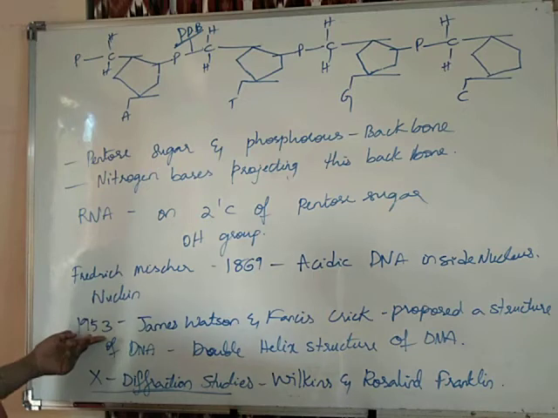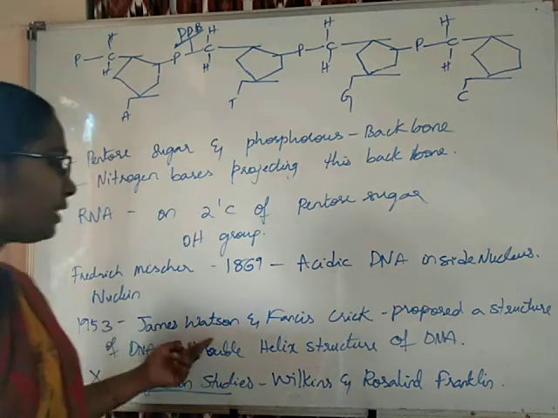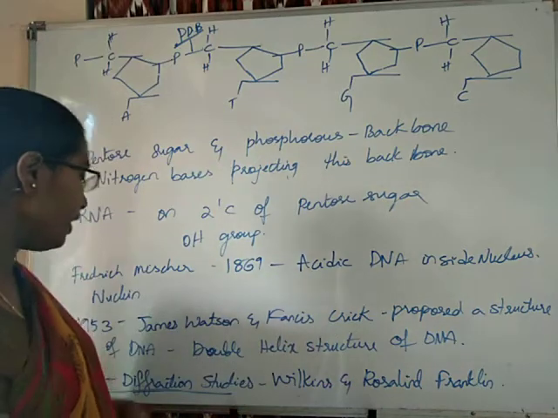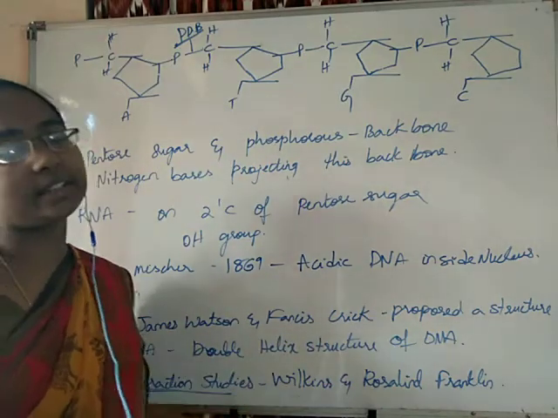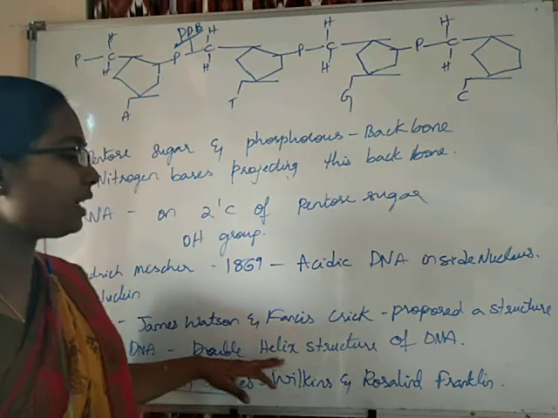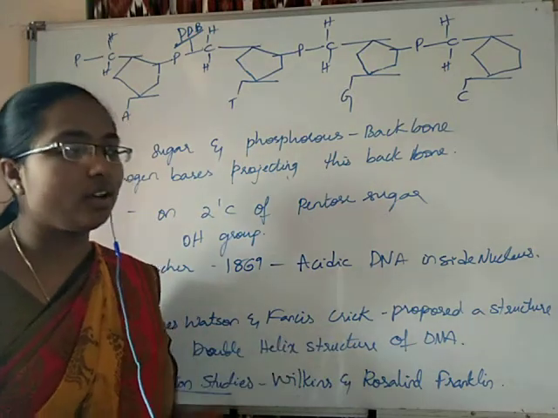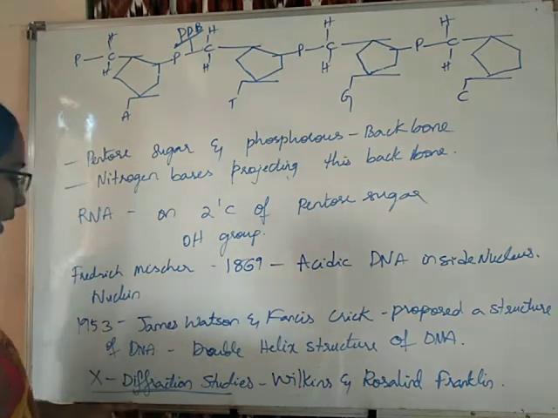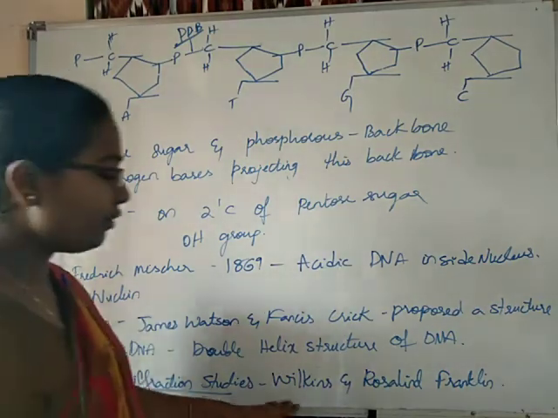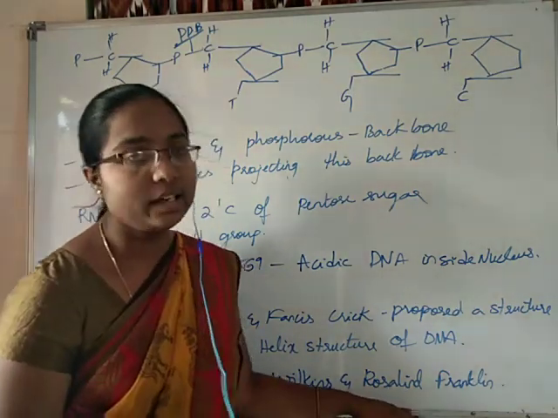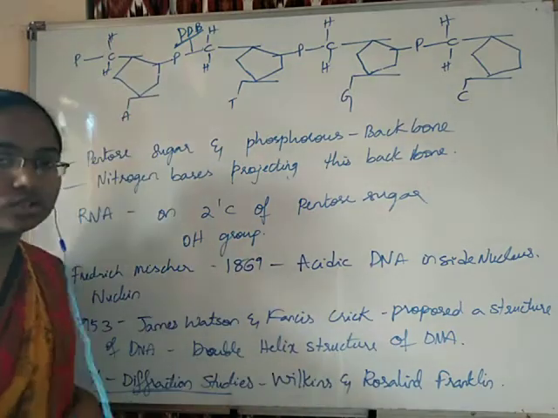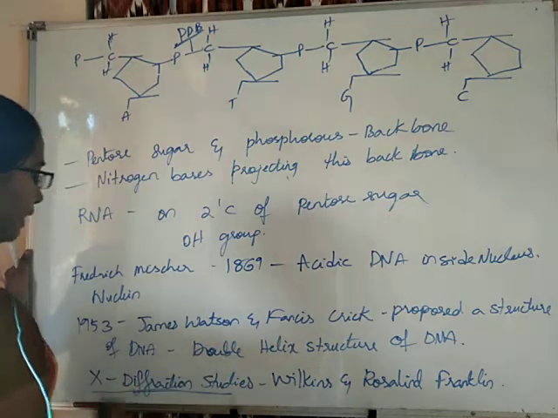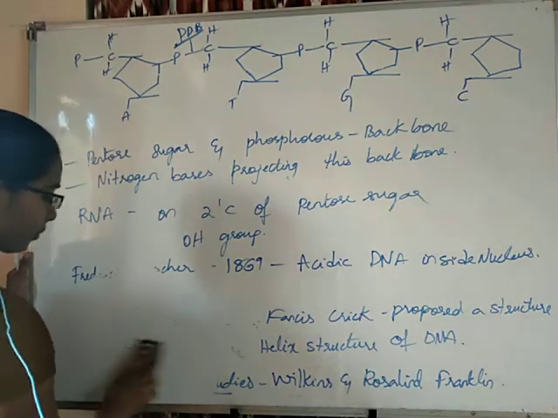But in 1953, James Watson and Francis Crick came and proposed the most popular, most accepted structure, the double helix structure of DNA, according to the X-ray diffraction studies made by Wilkins and Rosalind Franklin. Now we are going to learn more about this double helical structure of DNA.